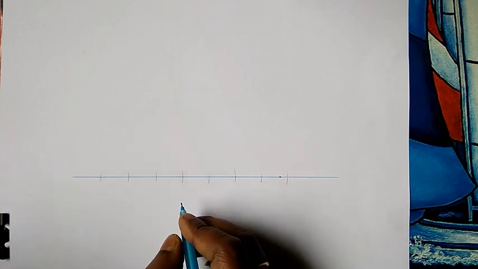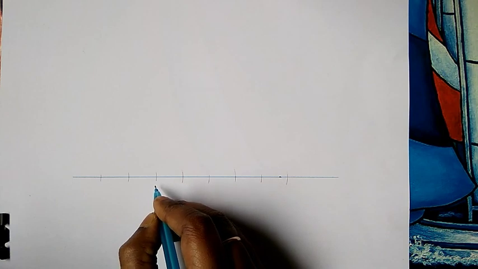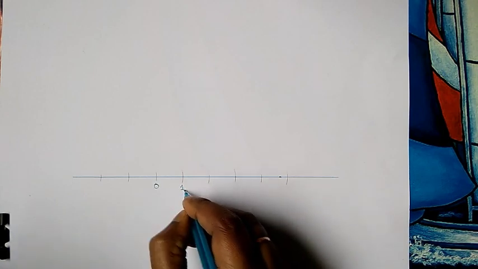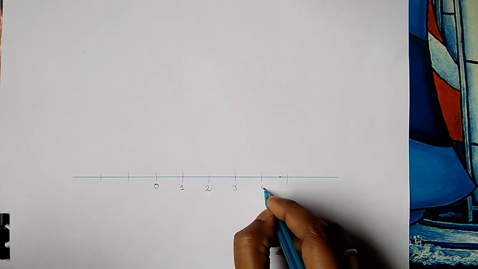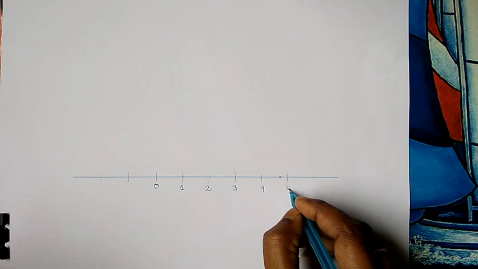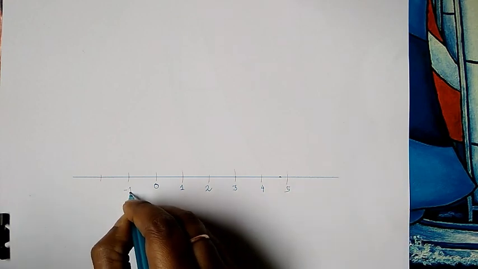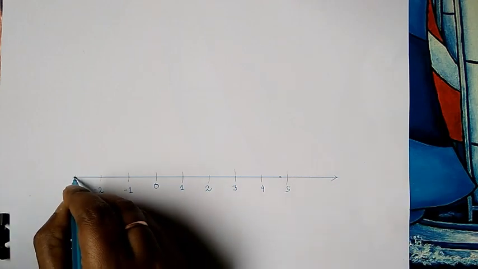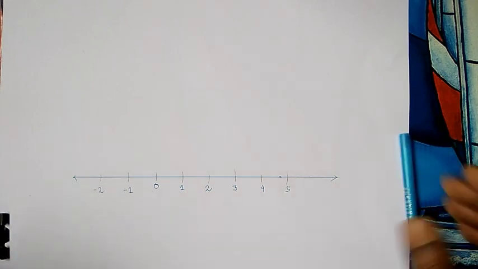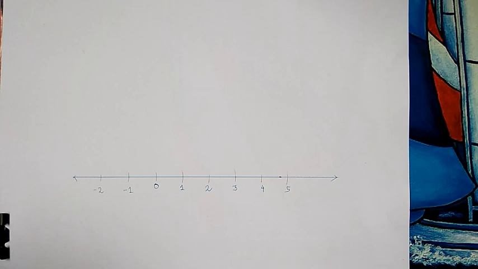So basically you know that in a number line 0 must be there, 1, 2, 3, 4, 5, -1, -2. Root 2 is a positive value, so definitely the figure will be on the right side.